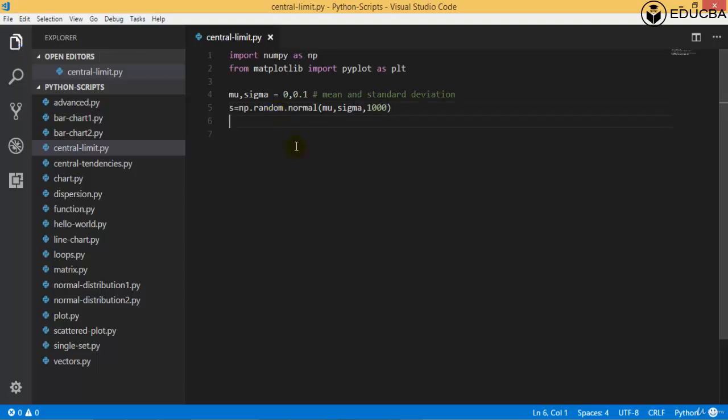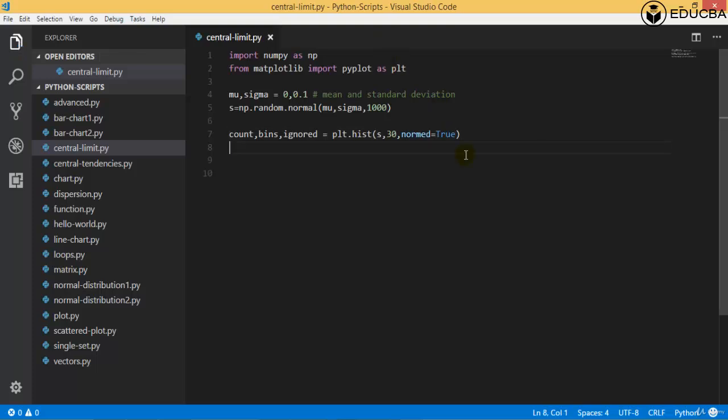After this, we are creating the random values with mu and sigma, that is these mean and standard deviation values. So let's create variables for count, bins and ignored. For that I'll mention over here count, bins and ignored values, which will be plt.hist with the value as s, 30 and normed equals True.